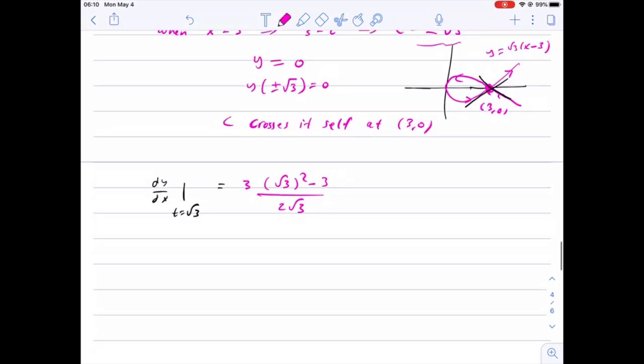After simplifying, we get 3 times 3 minus 3, because square root 3 squared is 3, over 2 square root 3. This is 6 over 2 square root 3, which is 3 over square root 3. If we rationalize the denominator by multiplying by square root 3, we get 3 square root 3 over 3, and canceling these, we get square root 3.